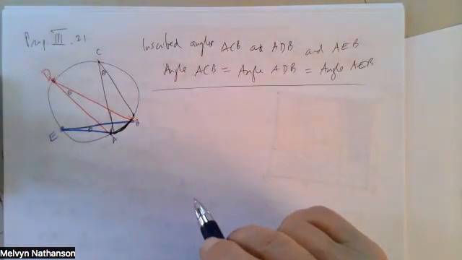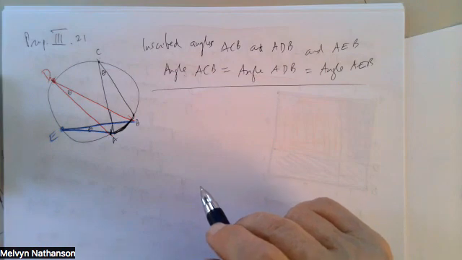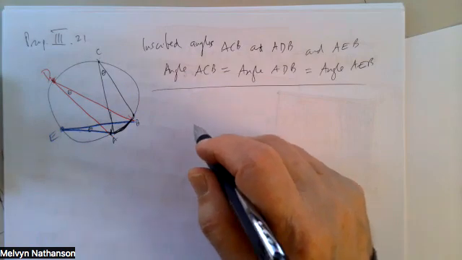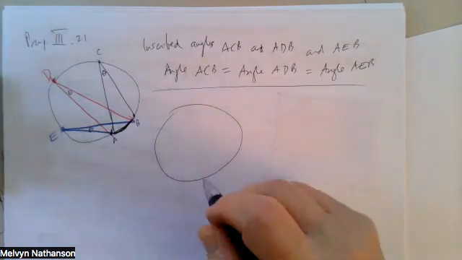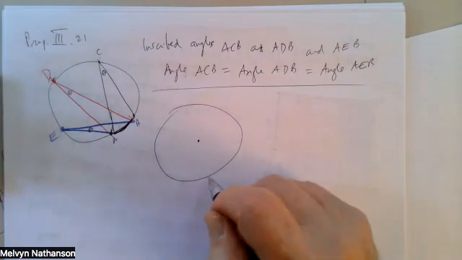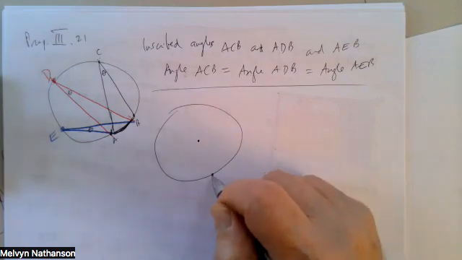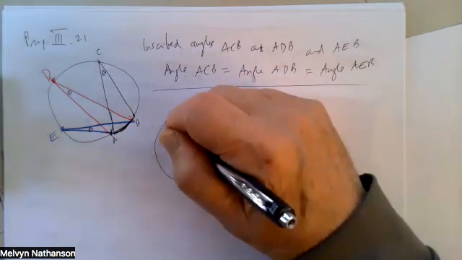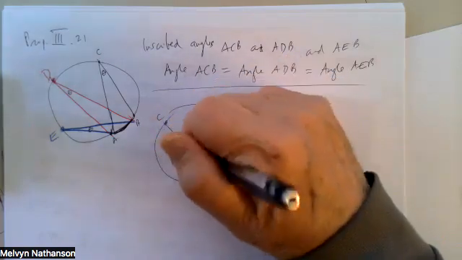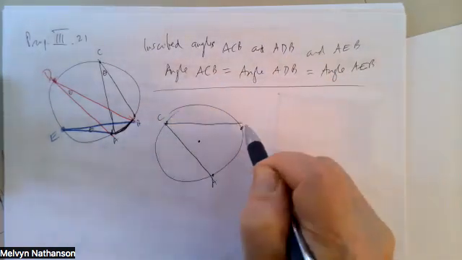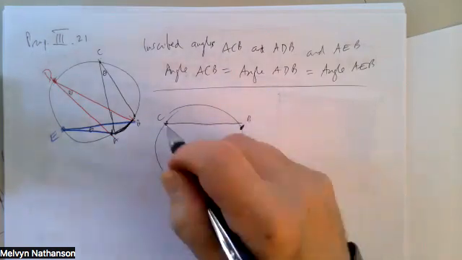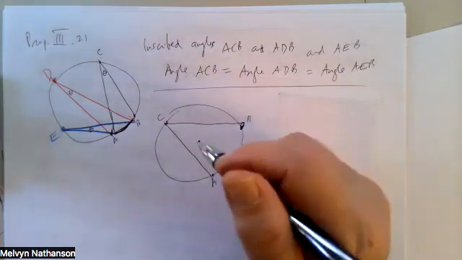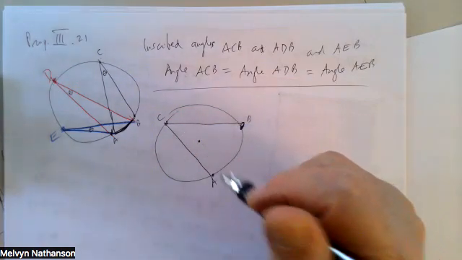And one way to prove this is by another proposition in Euclid, which says the following. Let me draw a picture again. Here's, let's say, the center of the circle. Say, here I have A, here I have B. Suppose I take a point C, and I look at this inscribed angle, ACB. Call this theta.